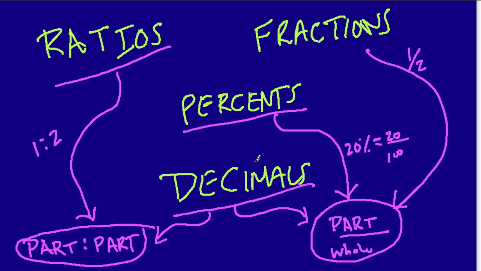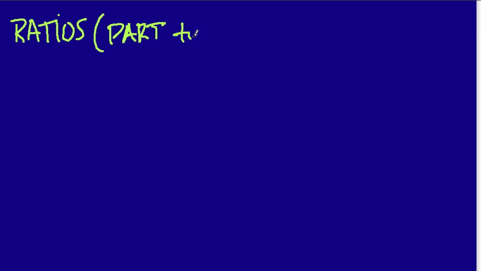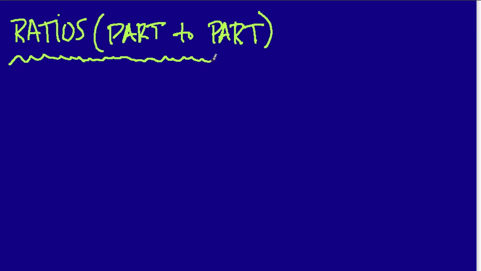So I think I'll start off by covering ratios and what part-to-part means. So again, a ratio typically is used in a part-to-part context. So we have ratios. They're typically part-to-part. And this is not going to affect so much your calculation process, but it's definitely going to affect the context of how you're setting up your problems and the way that you read the news and the media when they're using ratios.